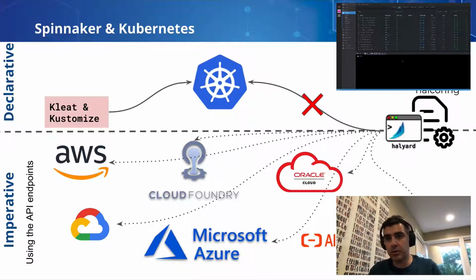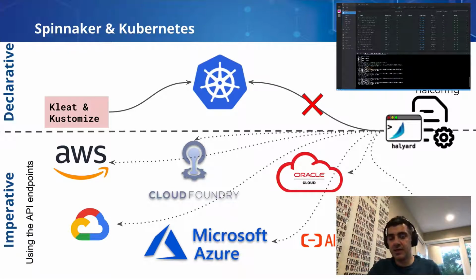And that wasn't desirable. So that's why the community started moving towards a new set of tools in order to make it easier for the Kubernetes developers to have a more declarative approach to deploying Spinnaker. And that was through the use of Kleat and using Kustomize.